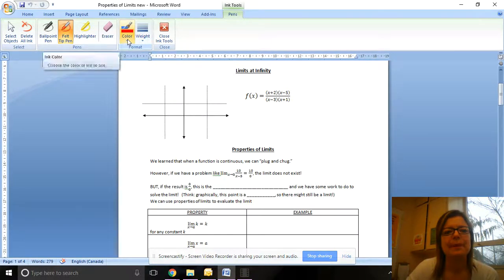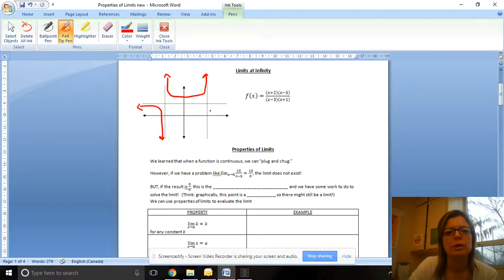So let's just create a function here. A rational function. So it's approaching this here, and then we'll make a quadratic-looking thing here, and then another one of these here. Okay, and then let's label where these asymptotes are.